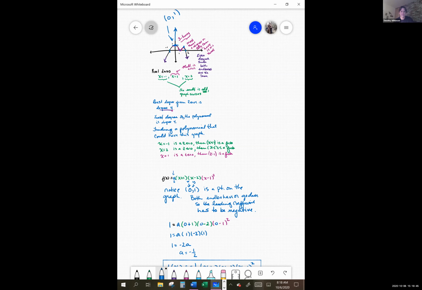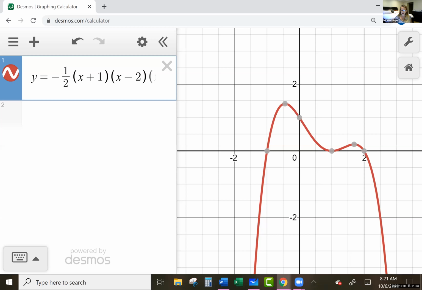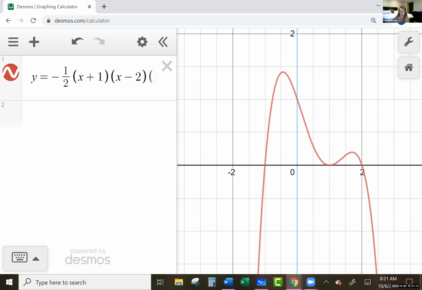Okay, I'm going to pause the video while I get up Desmos. But let's go into Desmos and look at the graph. Desmos is the graphing calculator that you can use online. So we typed in that equation we just found, and notice that our graph is similar.